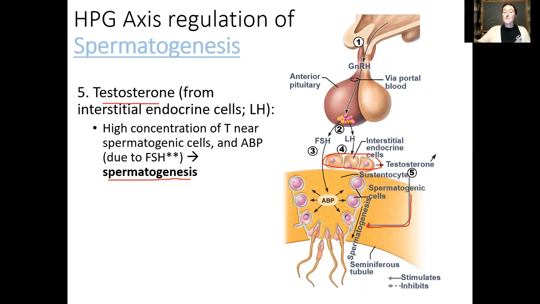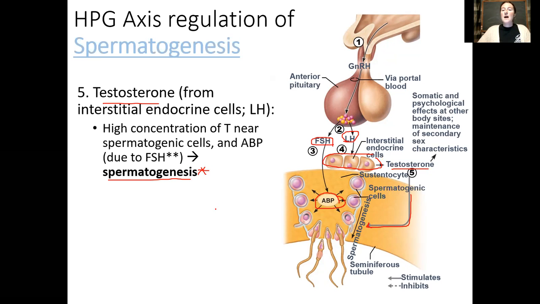The way that testosterone is increased within the seminiferous tubules is because ABP is going to bind to it and, of course, increase that concentration in the area. So when you are thinking about which hormone stimulates which process, FSH is the hormone that directly increases spermatogenesis. LH directly stimulates testosterone. Okay.